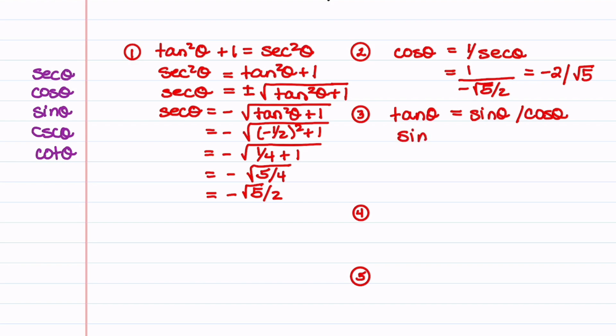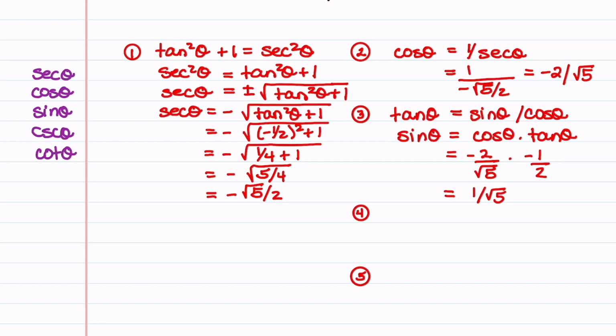Sine theta is equal to cosine theta times tangent theta. We can then plug in for these values. Cosine theta is minus 2 divided by root 5, and tangent theta we were given at the beginning, and it's equal to minus 1/2. This gives us a final answer of 1 divided by root 5.